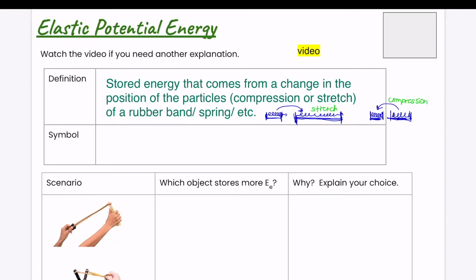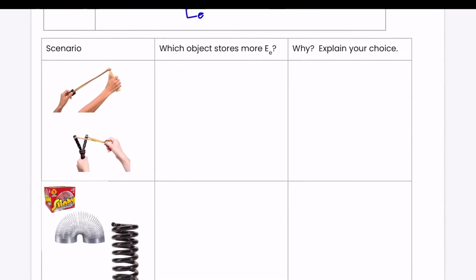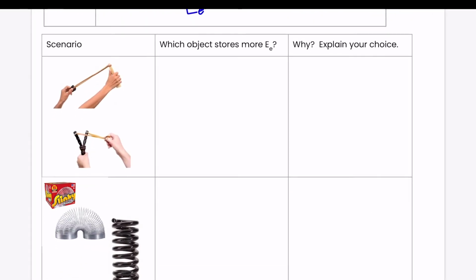And the symbol that we are going to be using for elastic potential energy is a capital E with a subscript of a lowercase e. Now, in the two scenarios below, we're going to talk about the compression and stretch. So here we have one that is this long, and this one is only stretched that long.